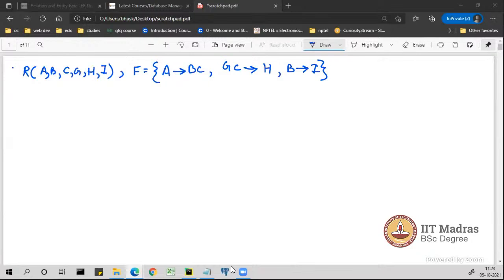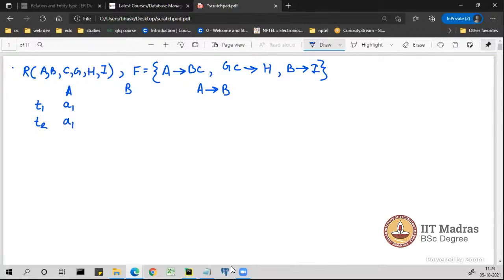Now, the functional dependency definition is clear for all of you, right? If T1 is a tuple and T2 is a tuple, two tuples are there and two attributes A and B in the table, we say A goes to B is a valid functional dependency only when whenever A repeats, that is A1 is there again, then B must also repeat.